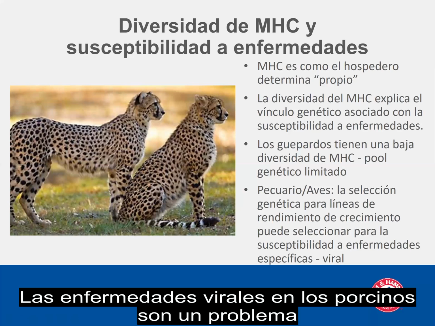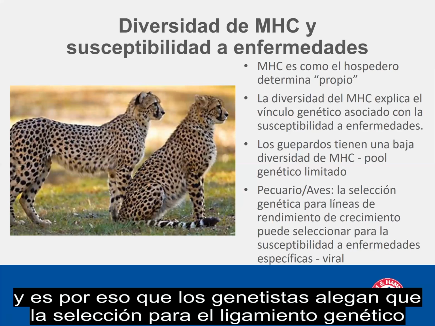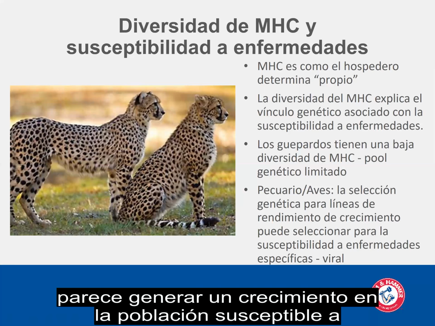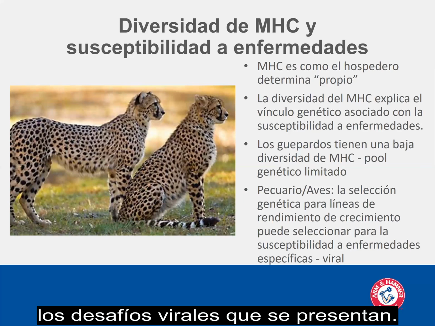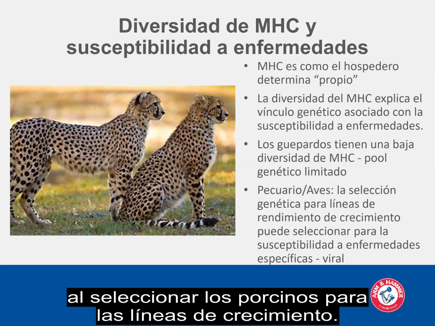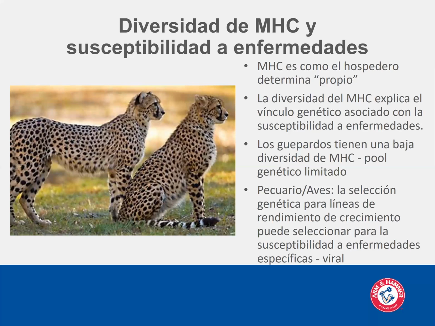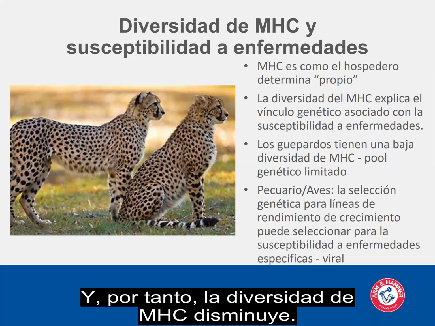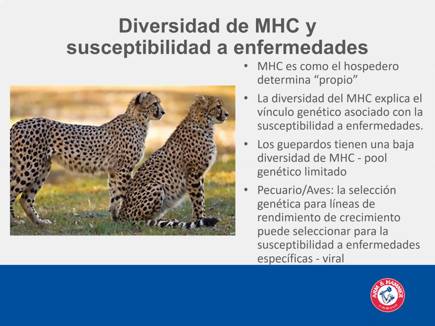Viral diseases in our swine herds are a big problem. And a lot of the geneticists will say that our selection for lean genetics seems to have brought about inadvertently a more susceptible population to the viral challenges that are out there. And that's likely because the genetic diversity of the pig population decreased as we genetically selected individuals for lean growth, and therefore the MHC diversity decreased as well.